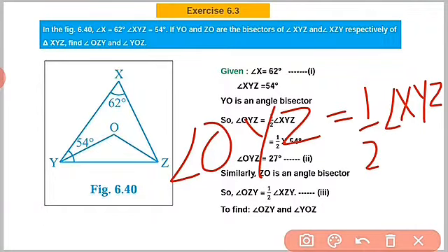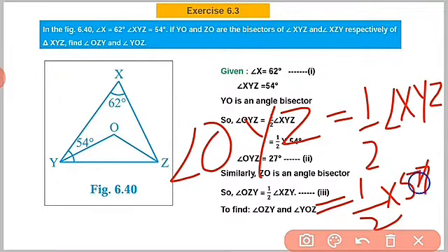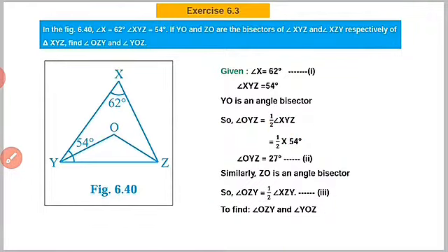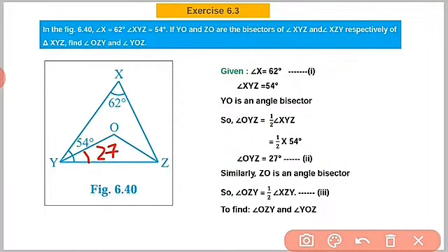So what is angle XYZ? It is 54 degrees. So what will be the half of 54 degree? Yes, it will be 27 degree. So we get angle OYZ as 27 degree.